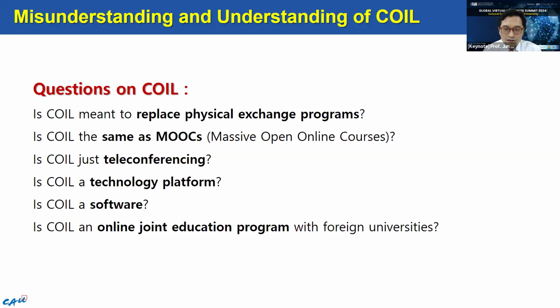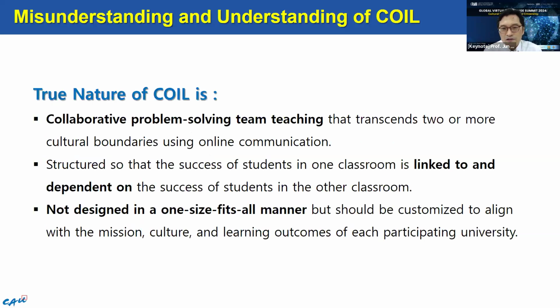So when designing, first we should know the characteristics of COIL very correctly. The true nature of COIL is collaborative problem-solving team teaching. And I think the second point is very important, because it is structured: the success of students in one classroom, in one university, is linked to and dependent on the success in the other classroom. That means two professors and two groups of students should rely on each other.